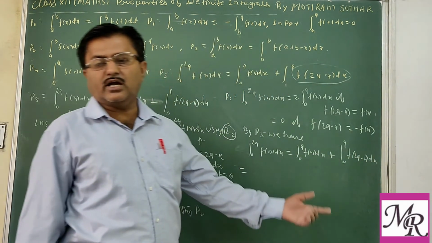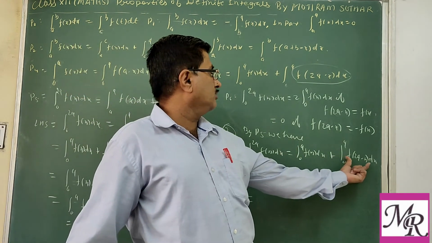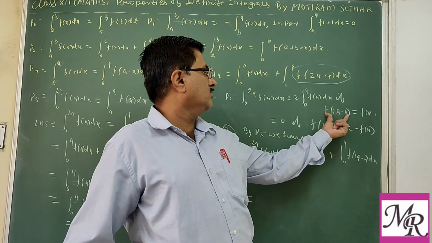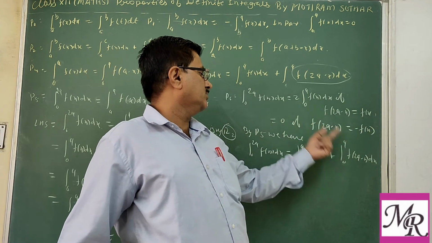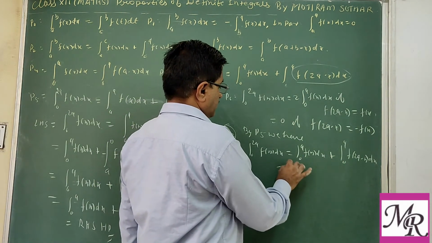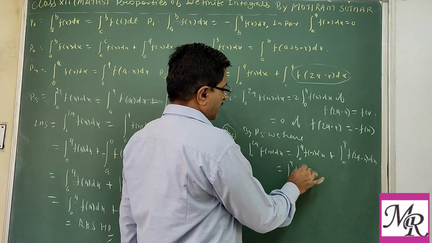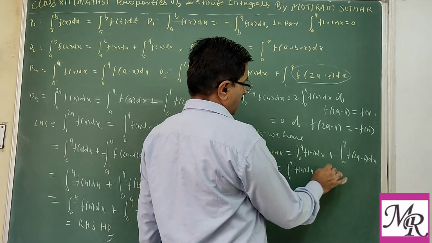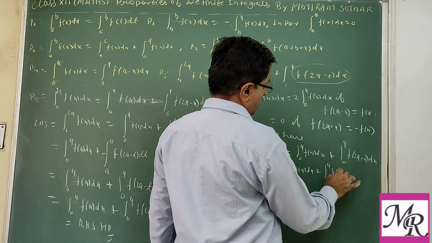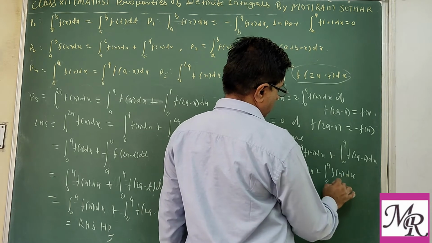Now very easy, the condition is already given. If f of 2a minus x equals f(x), then it will be twice. So this will be the integral from 0 to a of f(x) dx plus the integral from 0 to a of f(x) dx.